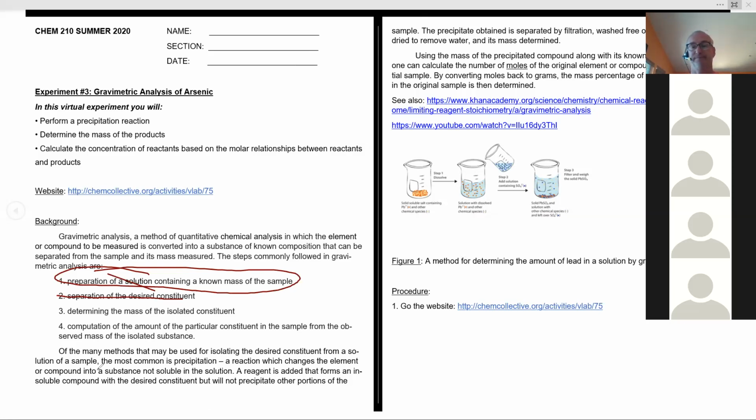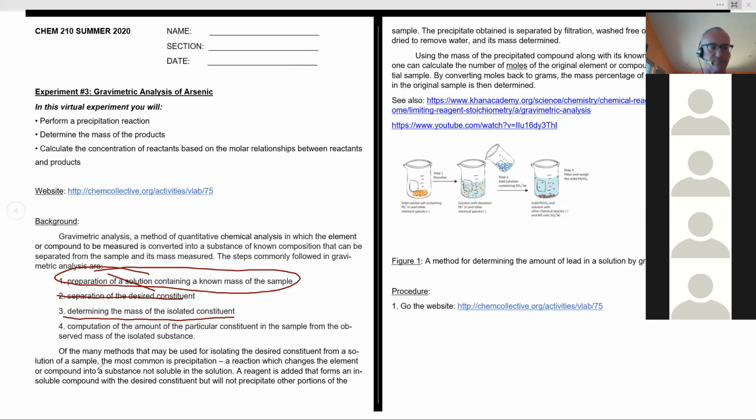Gravity is going to pull that precipitate down to the bottom of our container. Then we're going to determine how much of that chemical was precipitated. And then using the molar relationship in the chemical reaction that we're going to have to balance, figure out how much was there in the first place.